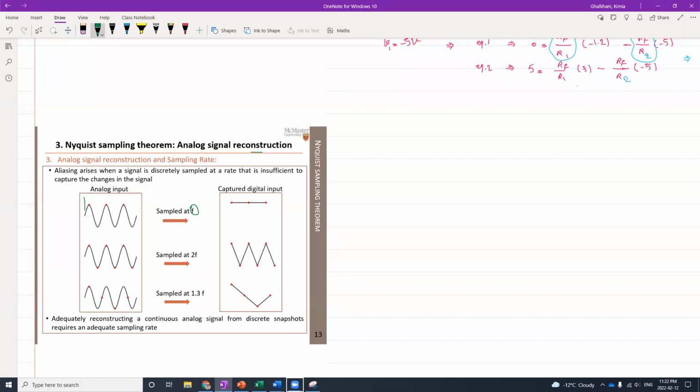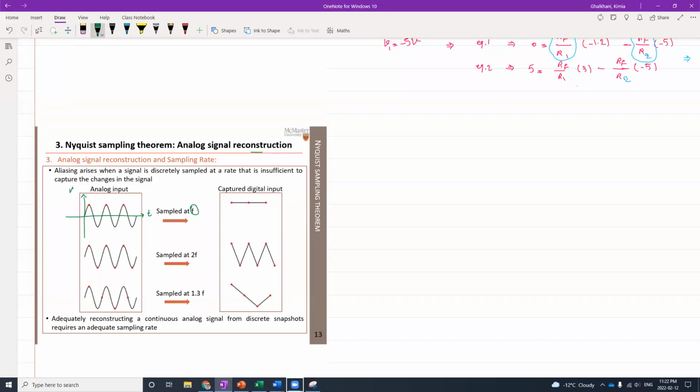If I'm going to map this one, and if this is going to be my V of t, and this is going to be my time, in seconds. This is my voltage, and this is my time.